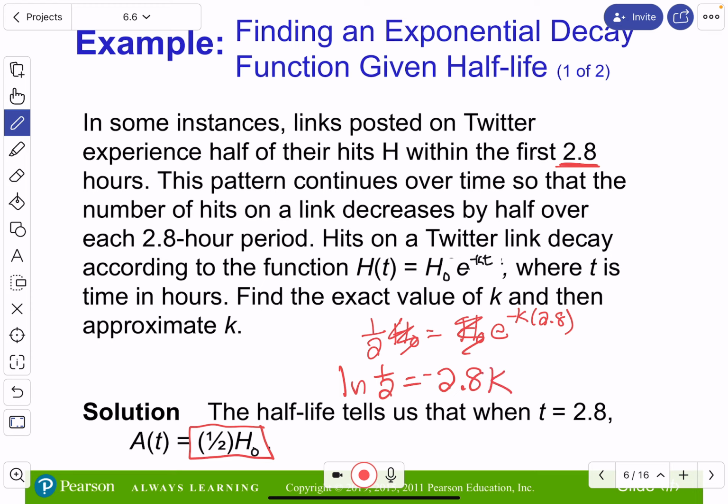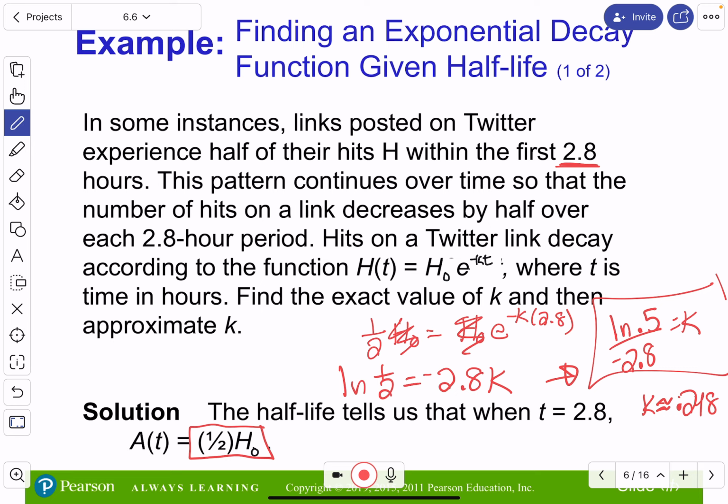Divide both sides by negative 2.8. You have ln of 1/2 over negative 2.8 equals k. That's the exact value. For approximating it, we just type it into the calculator. And k is approximately 0.248.